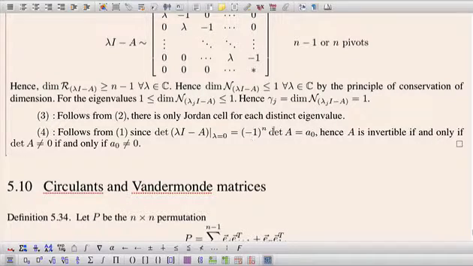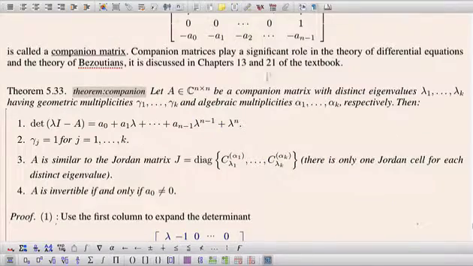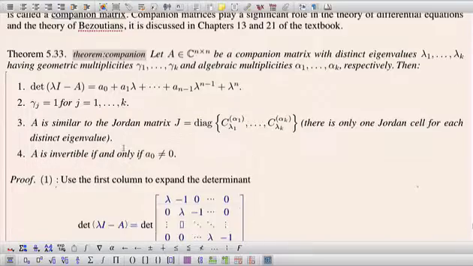And then this last part says that the determinant of A is minus 1 to the n times a0. It's invertible if and only if the determinant of A is not 0, which is if and only if a0 is not 0. So with this we finish this big theorem about the companion matrices, its eigenvalues and their multiplicities, and also how you calculate the determinants.